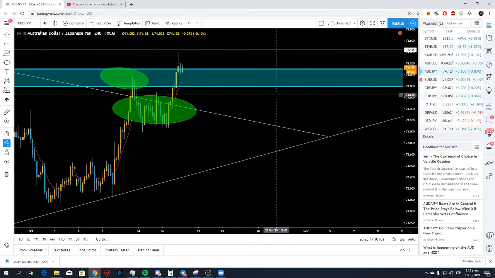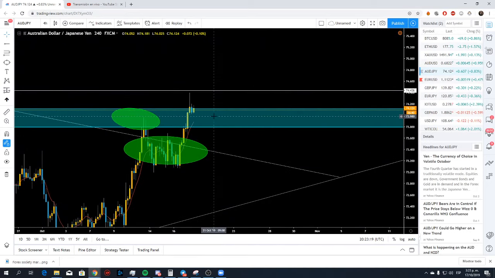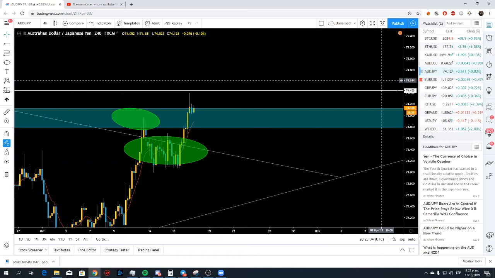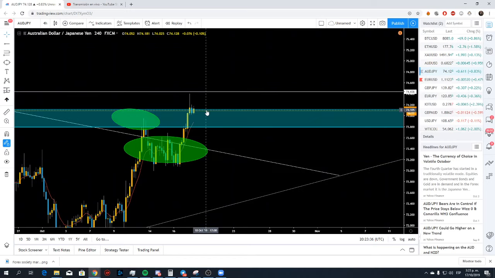It's not having too much volume right now. That's why it is ranging, just because of the time, because the New York session is about to close in like 30 minutes. So that's why price is not moving right now. But I really like this setup because we got 4 confirmations right now.